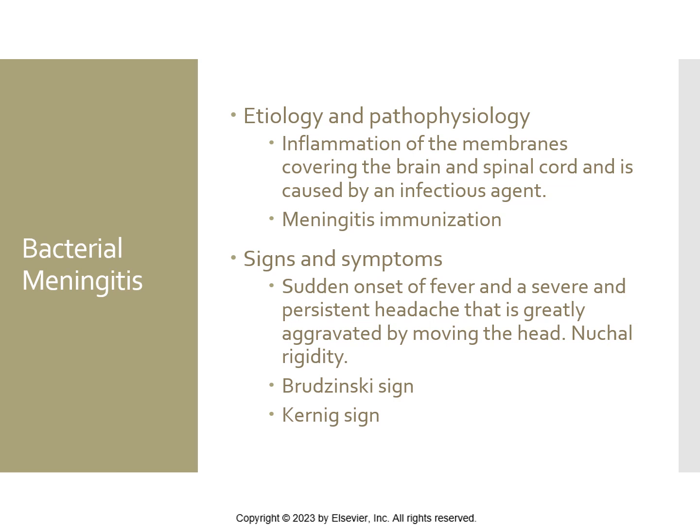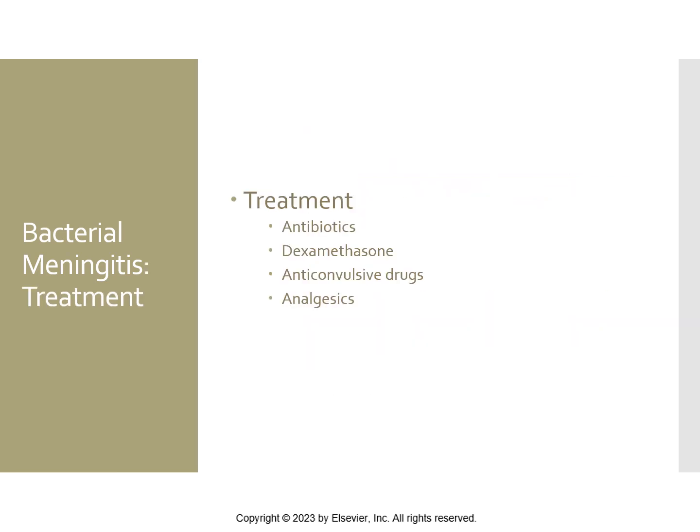Two examples of how infectious organisms could enter the cranial vault other than through the bloodstream include through an opening in the skull from a head injury or surgery, or by accidental introduction of infectious agents into the spinal canal during a spinal puncture. Immunization of all young adults against bacterial meningitis is recommended. ICP will be elevated. Meningitis can cause permanent neurologic damage or death if not treated properly.